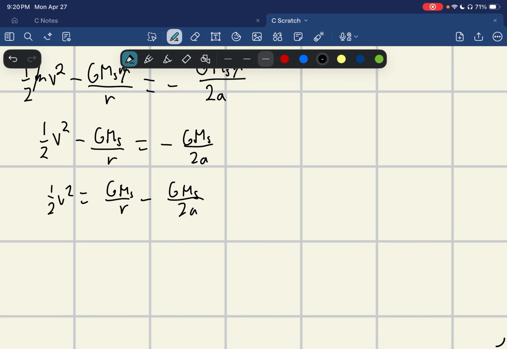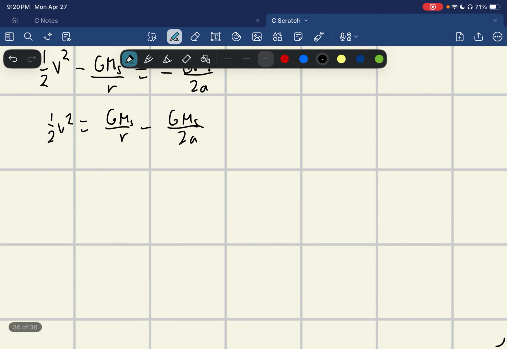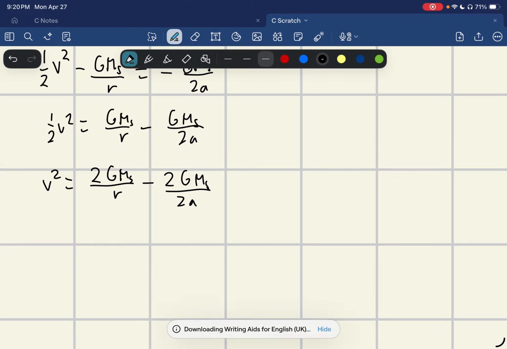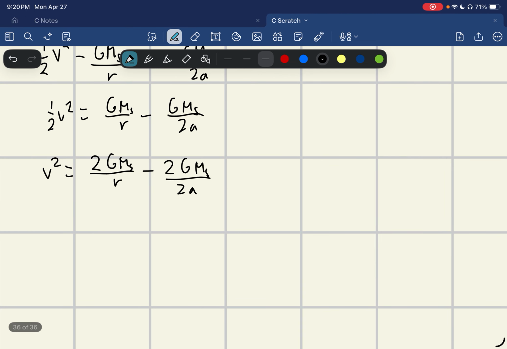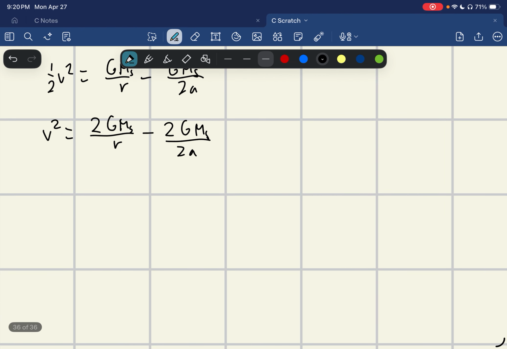And then I will multiply both sides by 2, so v squared is equal to 2GMs all over r minus 2GMs over 2a, and then the 2's will cancel out for 2GMs over 2a, and you're left with v squared equal to 2GMs over r minus GMs over a.